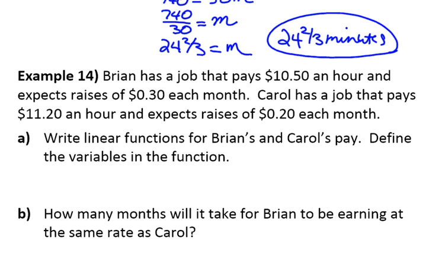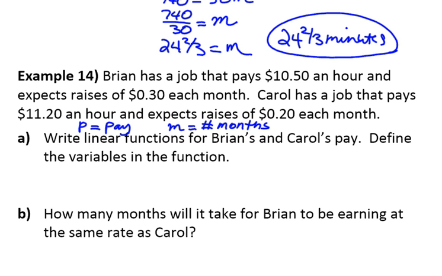So we'll let P be equal to pay. Define the variable in the function. So 20 cents each month. So we're going to need to know how many months. So M is going to be equal to the number of months for this problem.